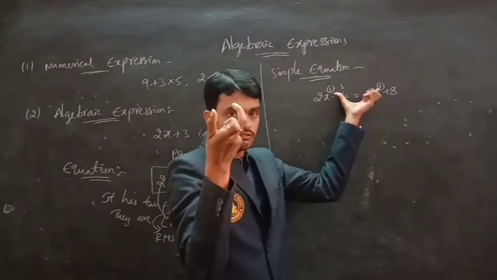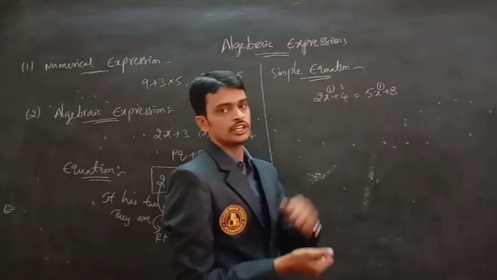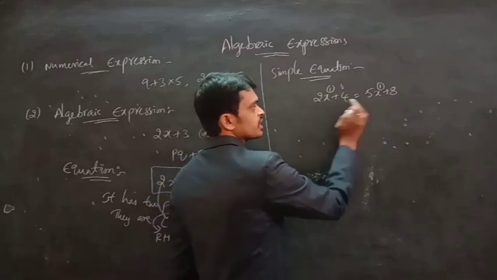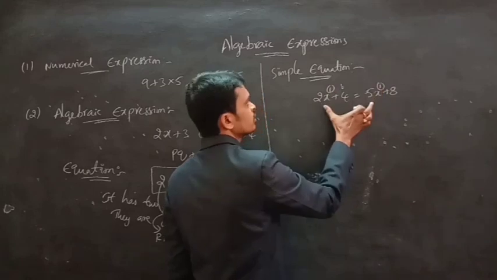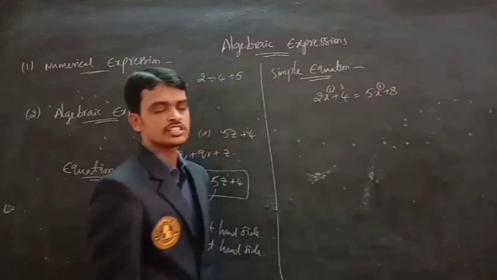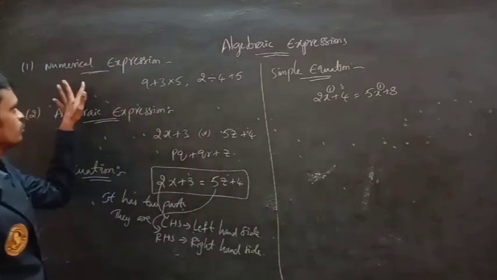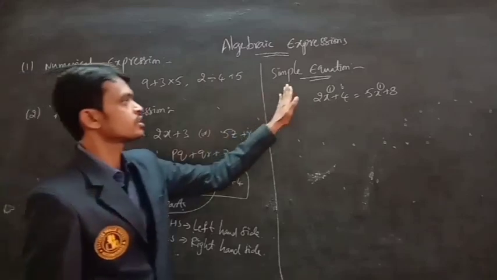If the degree is 1, then the equation is called a simple equation. One more time: an equation consisting of one variable with degree 1 is called a simple equation. So this is about numerical expression, algebraic expression, equation and simple equation.